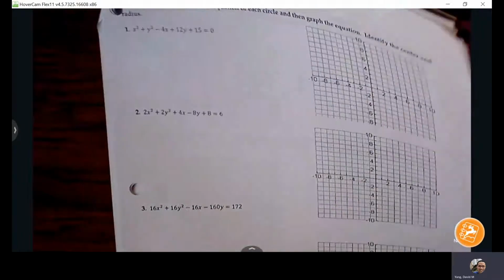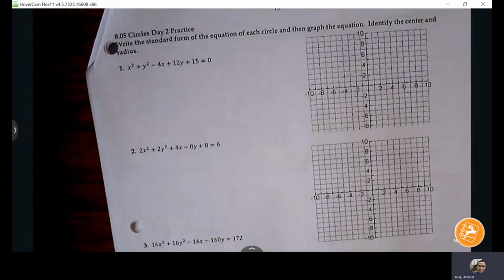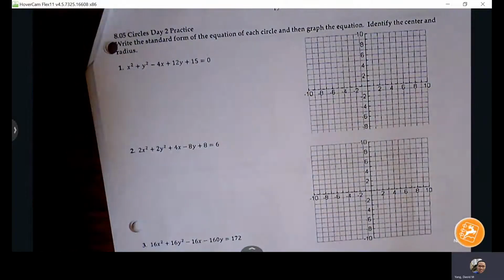Okay, page 13. Everybody good with this page?